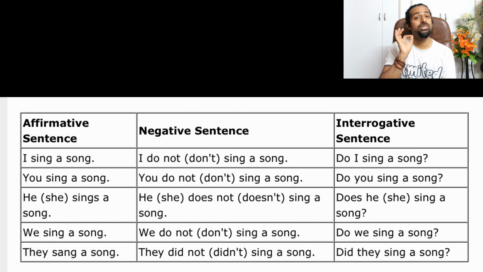See, don't is there. Do not. Not makes it negative. Interrogative sentence. Do I sing a song? Asking a question. So, my dear friends, it is not tough to learn English. But if you want to become a good English speaker, you have to give a little importance to your grammar.